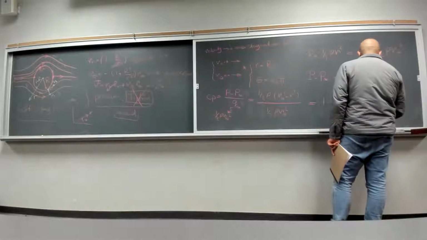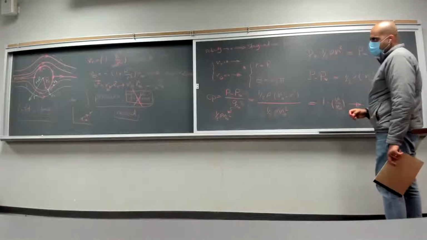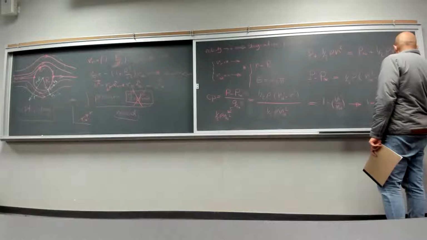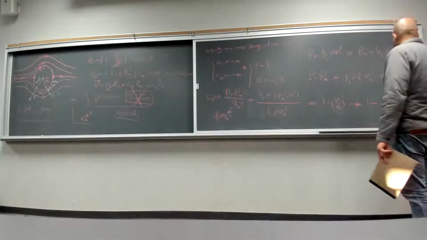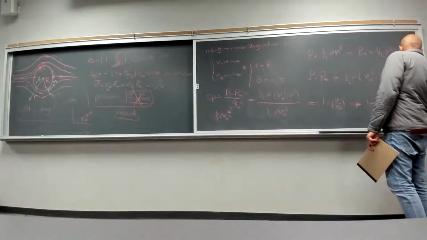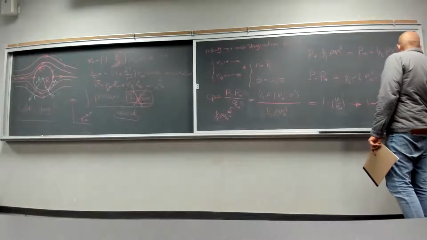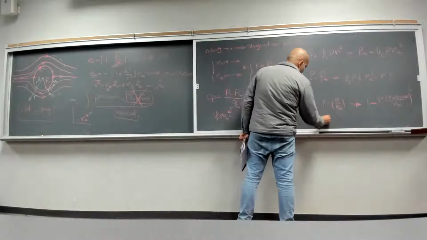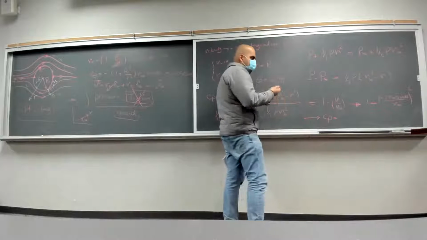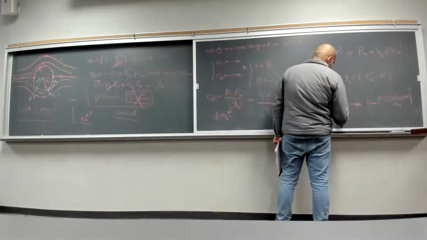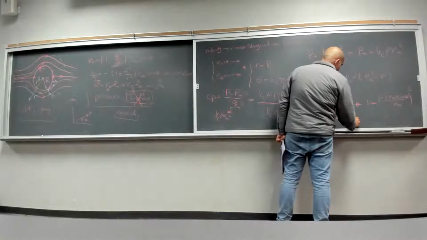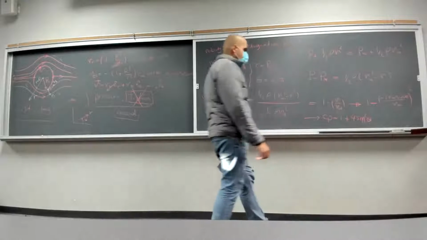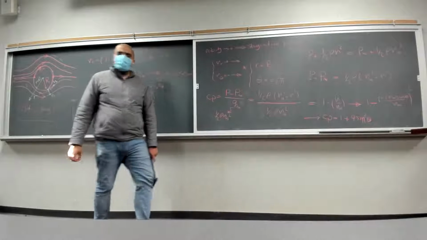We're going to get 1 minus negative 2 V infinity sine theta, divided by V infinity, all to the power 2. What does it mean for the pressure coefficient? It essentially means that the distribution of the pressure coefficient, the pressure coefficient profile, is going to be equal to 1 minus 4 sine squared theta.